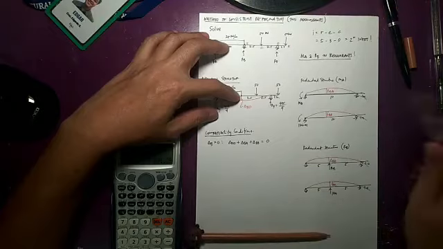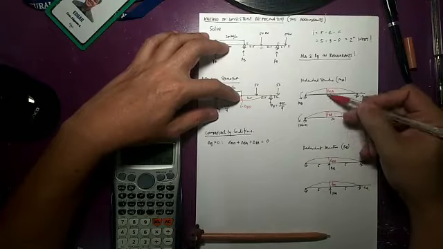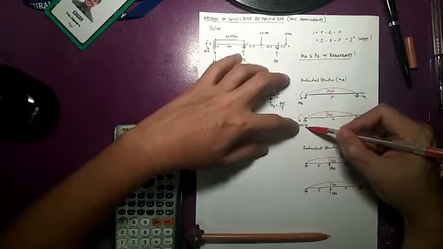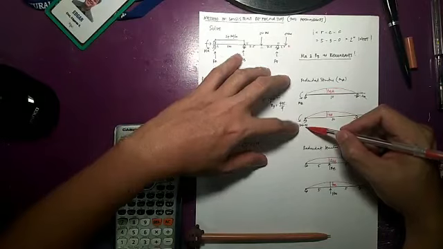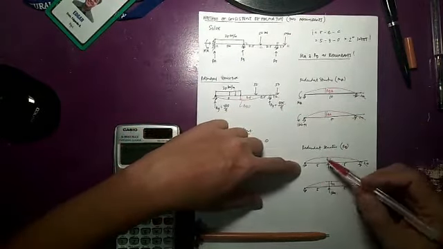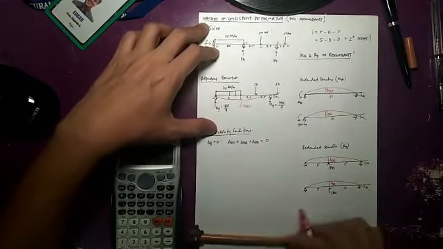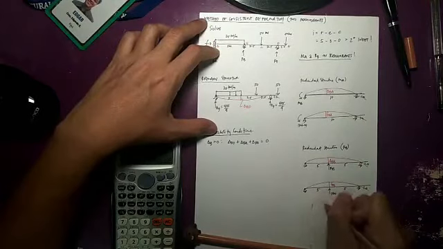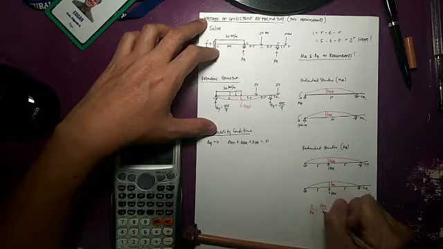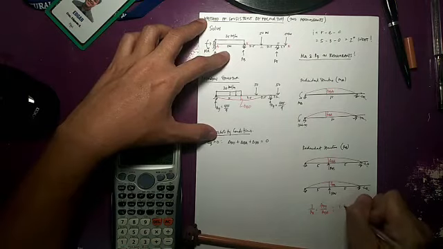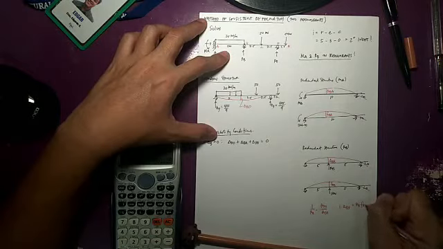So I could relate this due to 1 kilonewton, and this one also. 1 is to RB as FBB is to delta BB. Therefore, 1 times delta BB is equal to RB times FBB.